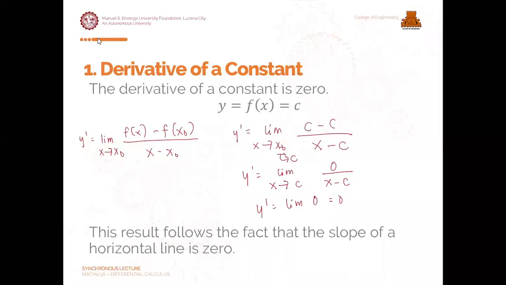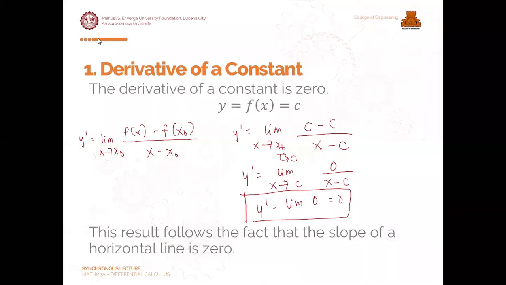That is why we say our derivative is equal to 0. These results follow from the fact that the slope of a horizontal line is 0. So any constant value, as long as it is constant, is always 0. That is our first rule.